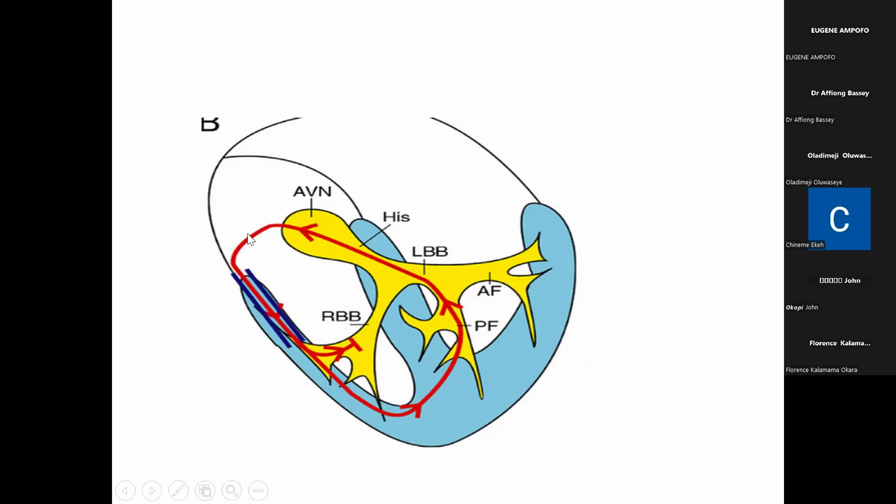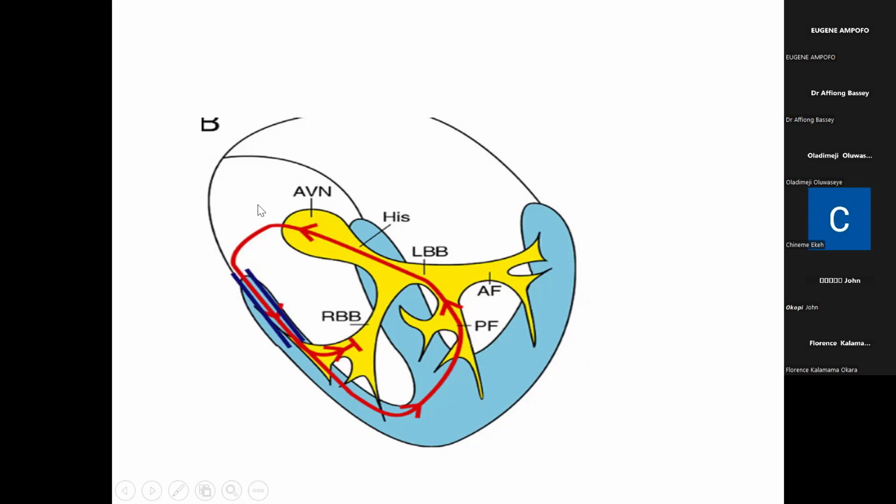Number two is that we all know that orthodromic simply means you are conducting from the AV node to the His bundle, right and left bundle, the tissues of the ventricles, then the aberrant tract up back to the atrium.